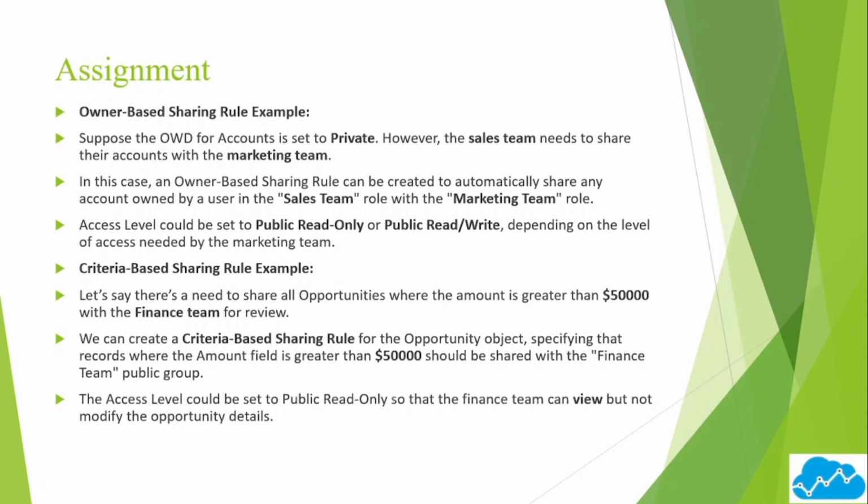So the access level could be set to public read only so that the finance team can view the record, but they can't modify that opportunity's details. As the example itself says they can review, in that condition we have to provide the access level public read only.